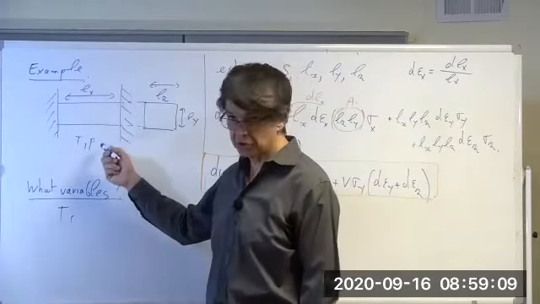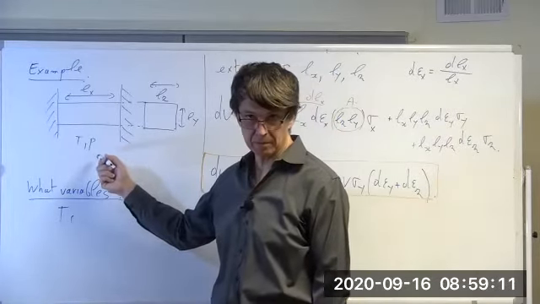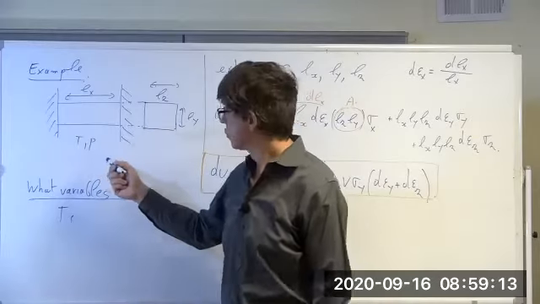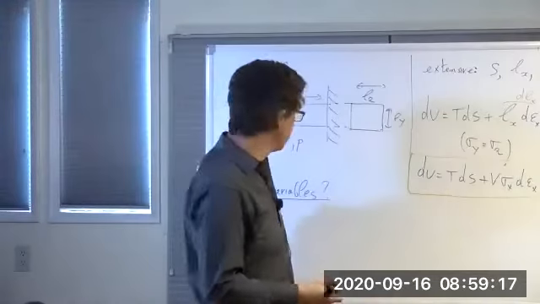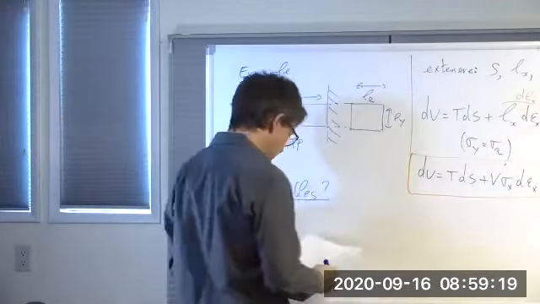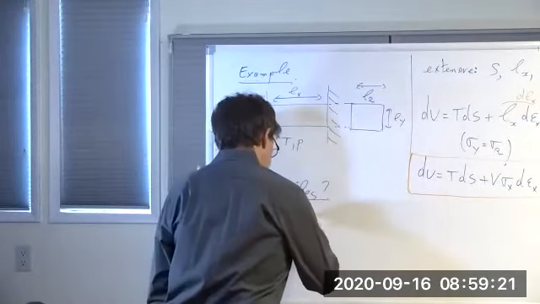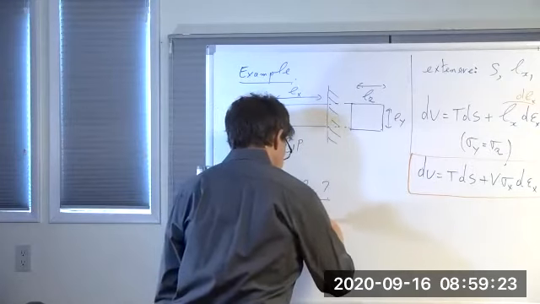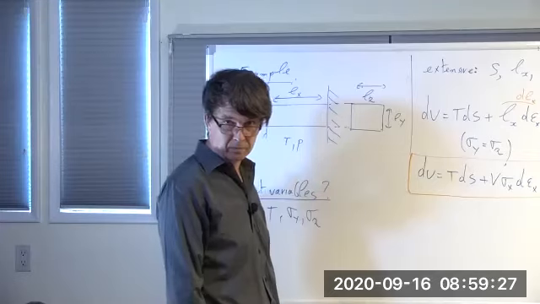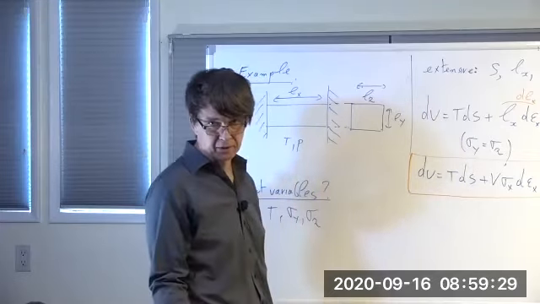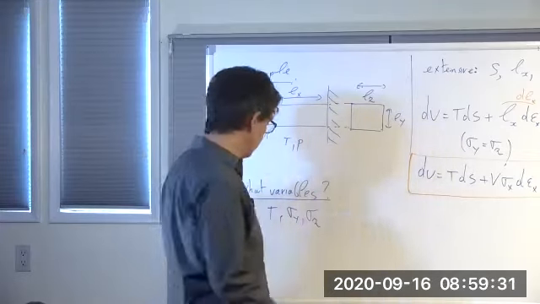I control the stress, right? Because it's equal to the pressure, right? So in the y and the z direction, I control the stress. So really what I control is sigma y and sigma z, right? Because they are equal to the pressure. Later we'll set them equal to minus p, right? But what about x?